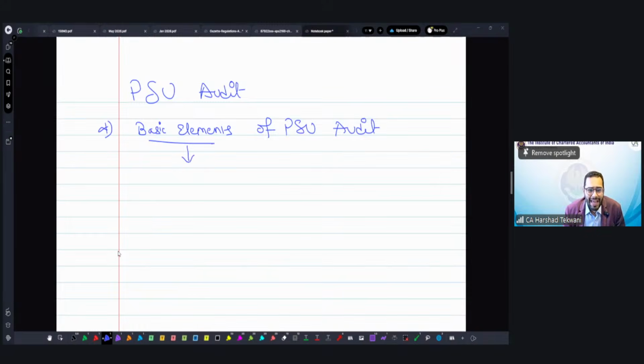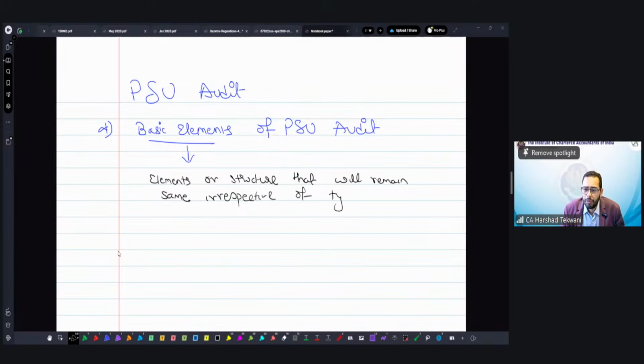Basic elements are those elements or structure that will remain the same irrespective of the type of PSU audit. So I am talking about those elements or structure that are going to be the same irrespective of your type of PSU audit.